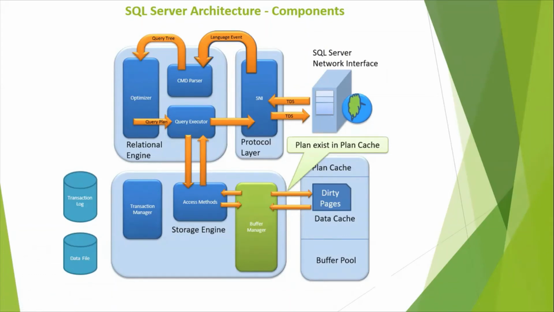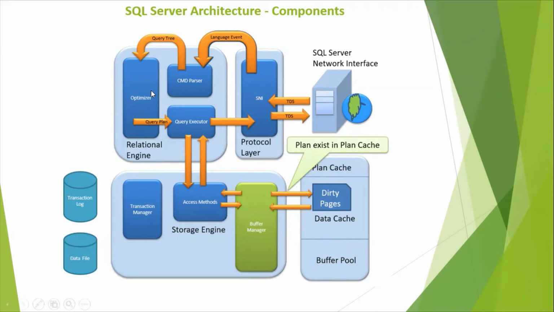It will identify the cost, and take some measurements and parameters, for example, statistics or CPU. So it will identify how much cost is required for this query. It will keep on retrieving multiple plans to get the optimal plan for executing your query, right?